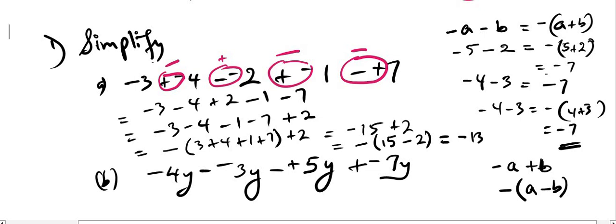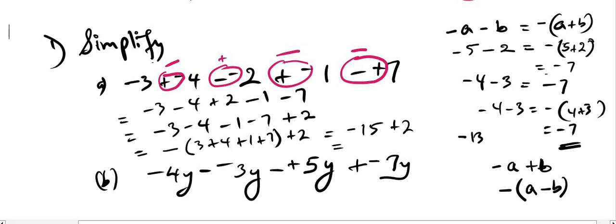Negative 13. Alright? So I factor out the negative because negative times 15 is negative 15 and negative times negative is what? Positive, right? So a faster way to do this though, how can we get negative 13 quicker? Well, we can look at the signs in front of the numbers. This is positive, and this is negative. Think of them separately.